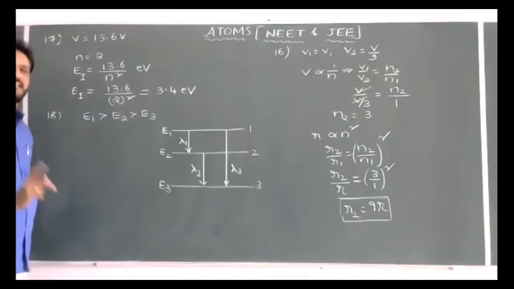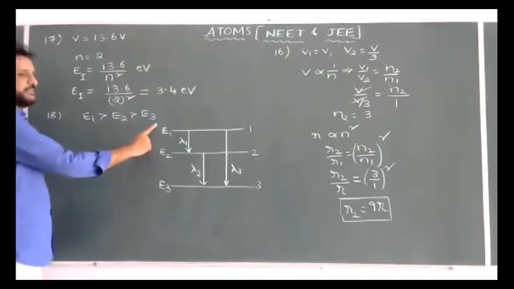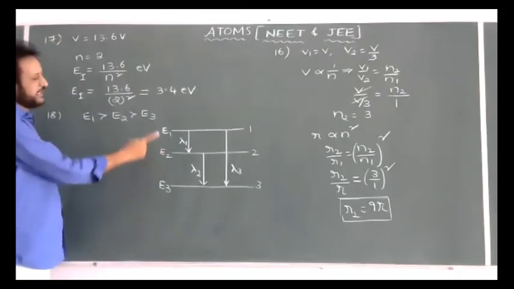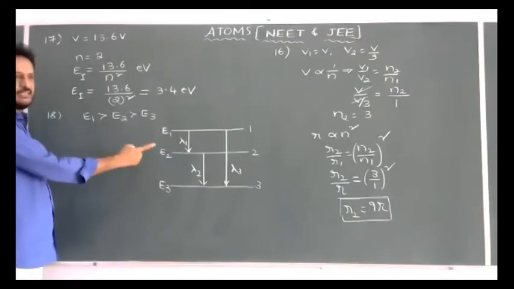Check here, three energy levels are given, E1, E2 and E3, but E1 is greater than E2 greater than E3.